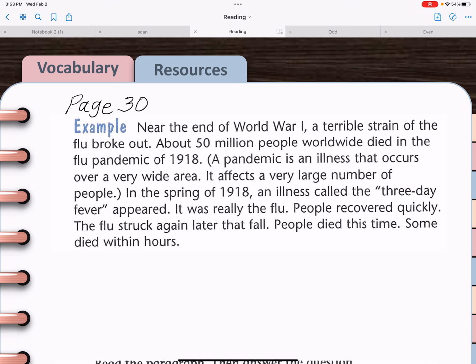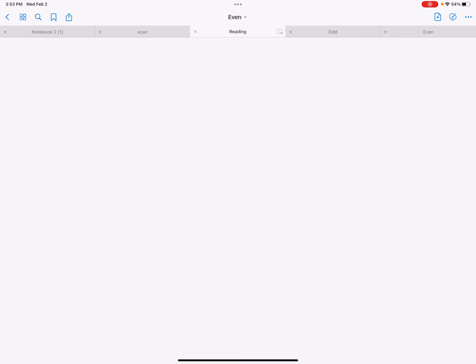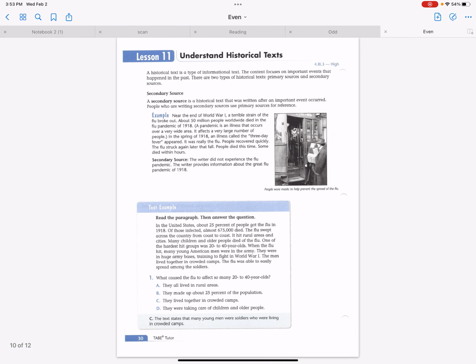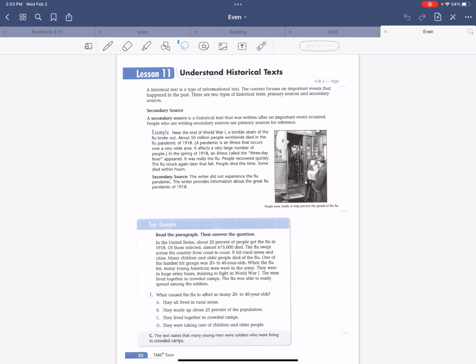I want you to know to never, ever ignore pictures, because sometimes the answer to a question is in the photograph.